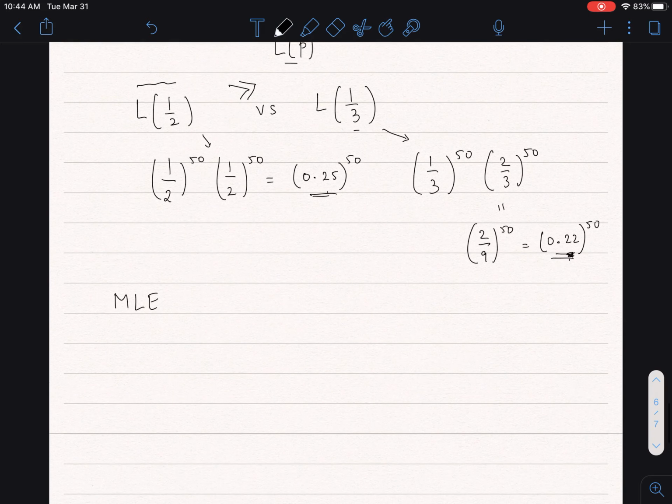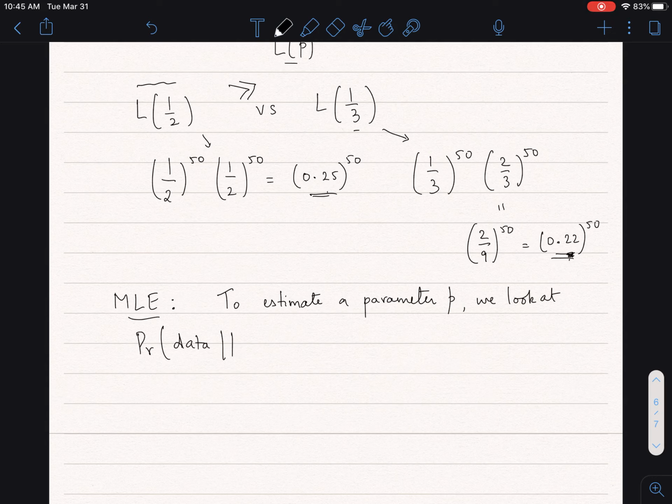So MLE, the principle of this is that to estimate a parameter p, we look at the likelihood function, the probability of data given p, and choose p that maximizes this.